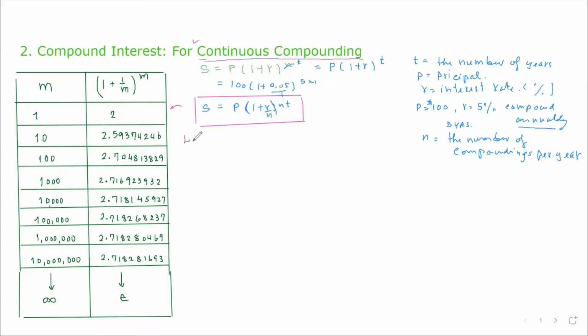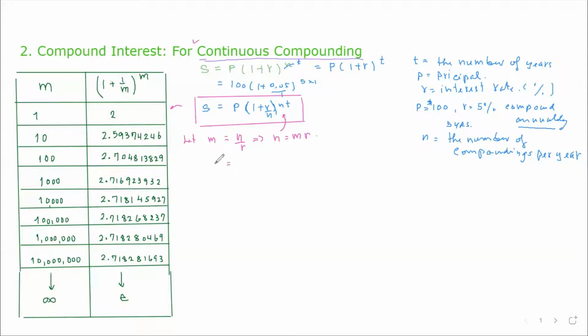Say we let m, for example, equal to n divided by r. N is the number of compoundings per year, and R is the interest rate. If I simplify it, N equals M times R. So I replace N in the formula.